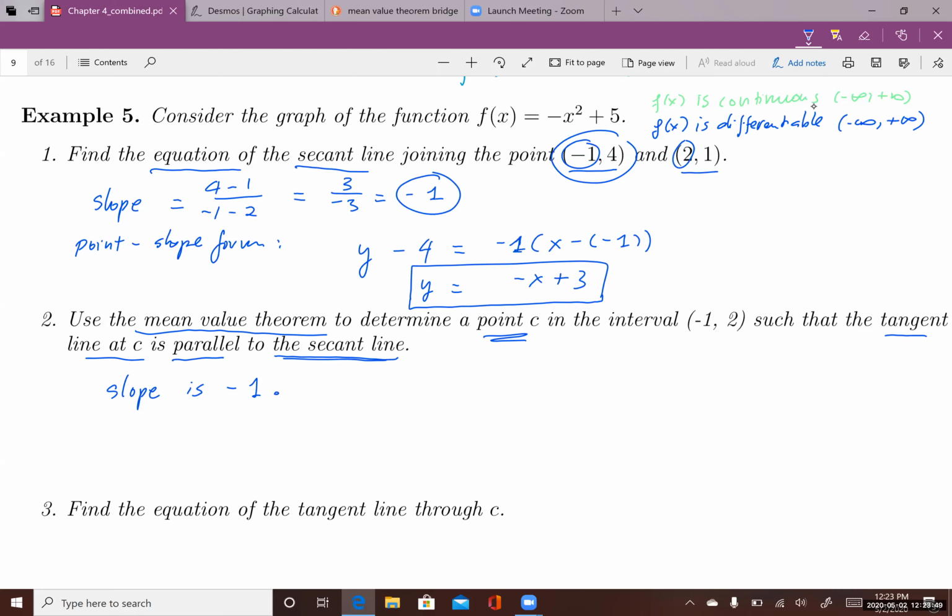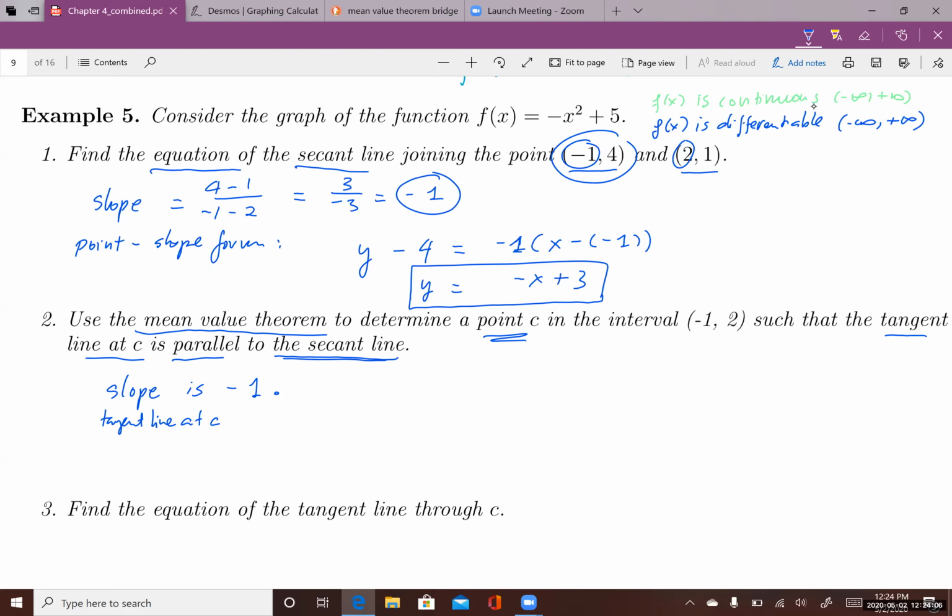So we know the slope of the tangent line at C is -1. We need to find the point C.